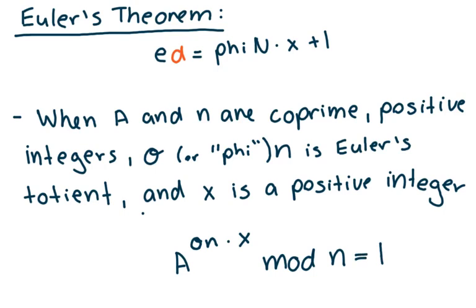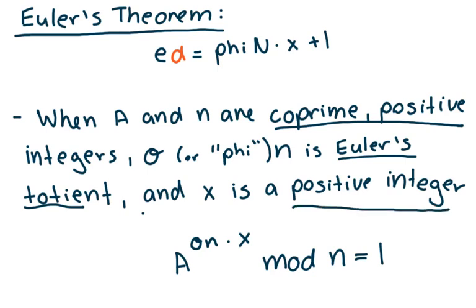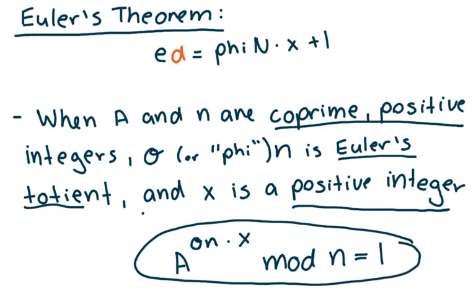Now, these values aren't necessarily the ones that I was referring to when I was explaining the modular arithmetic exponentiation law. All the restrictions that these variables have to have are that a and n are coprime positive integers, phi n is Euler's totient, and x simply has to be a positive integer for this equation, a to the phi n times x power mod n is equal to 1, to be true.